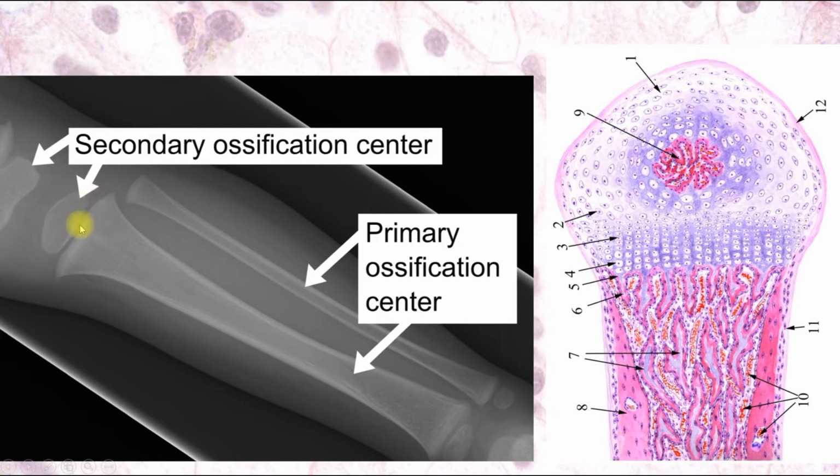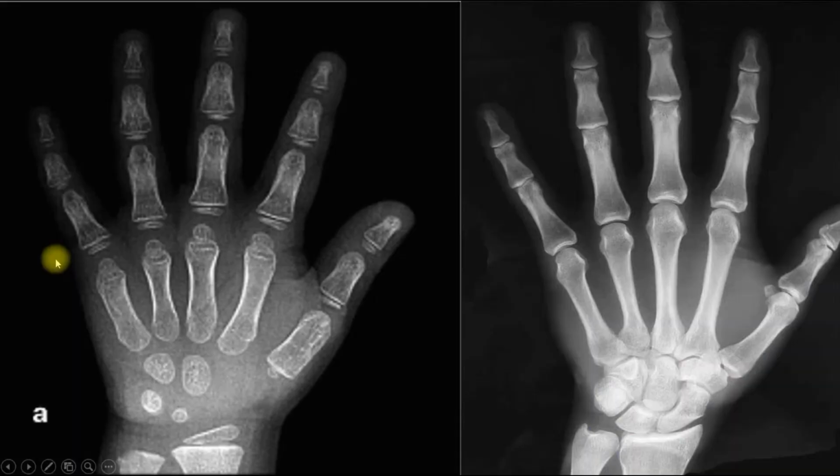Why should we know about this zone? Because we may use this zone to detect bony age, and to describe whether this person is growing. Are the bones of this person growing, or is the growth of the bones finished?